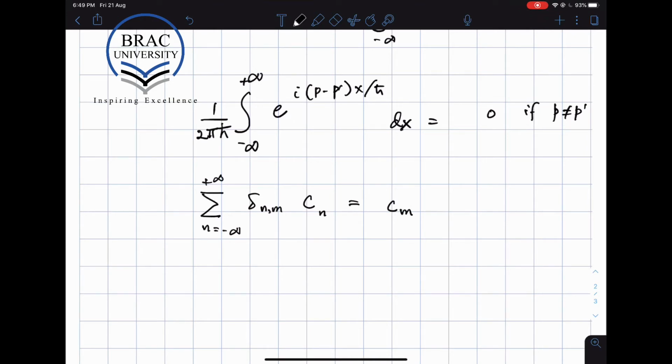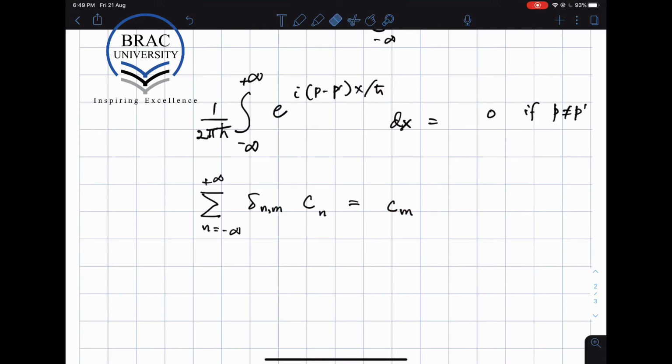So in other words, whenever we have a Kronecker delta, and you're summing over the index n, of the function that is multiplying it, only the value where the index n is equal to m survives.